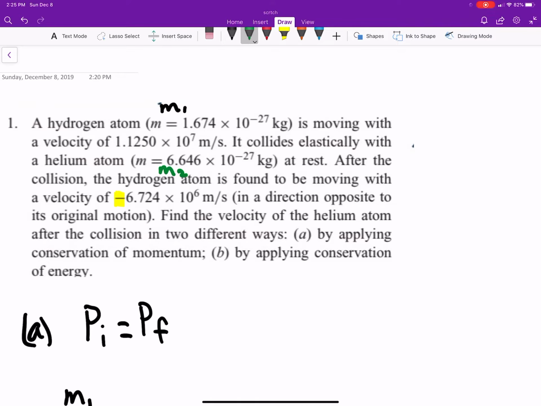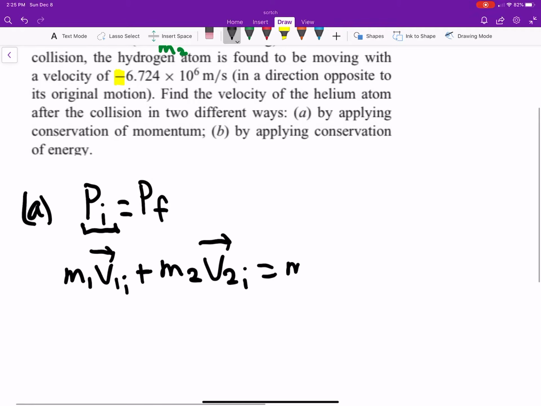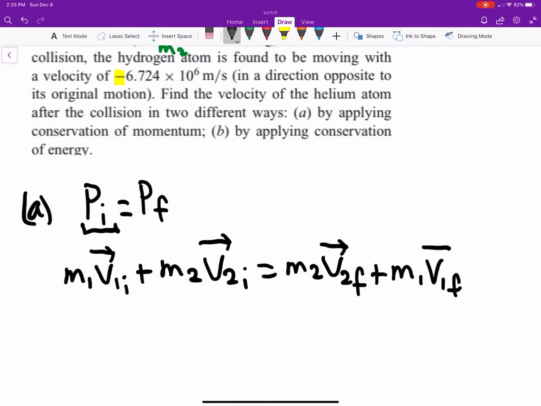It's pretty subjective, but that's what we're going to call those. So mass 1 times velocity 1 initial, plus mass 2, V2 initial. So that takes care of this part of the equation. And that's going to be equal to mass 2, V2 final, plus mass 1, V1 final.